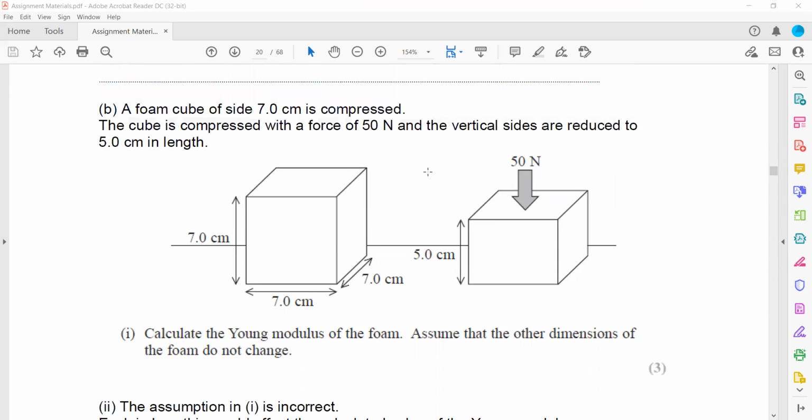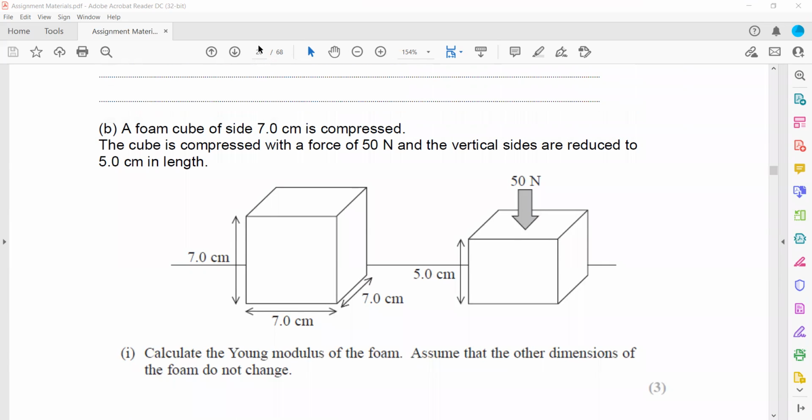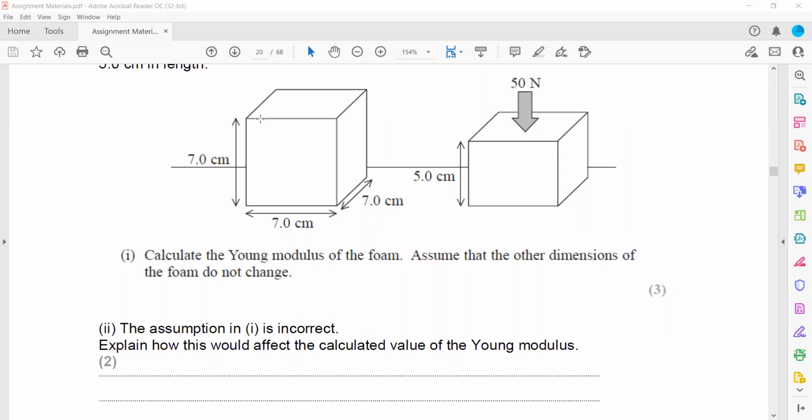Basically, what we assume here is that a foam cube which is 7 centimeter side is compressed, and we assume that the area won't change. That is our assumption. But practically, when you compress a foam, the area will also change. And as the area changes, the Young's modulus we calculated is stress divided by strain.